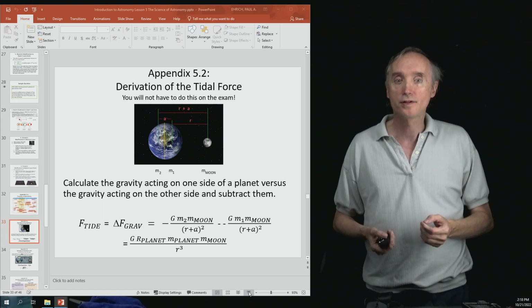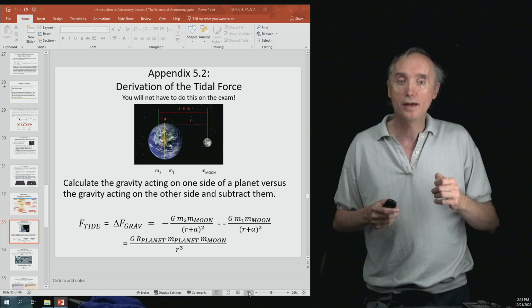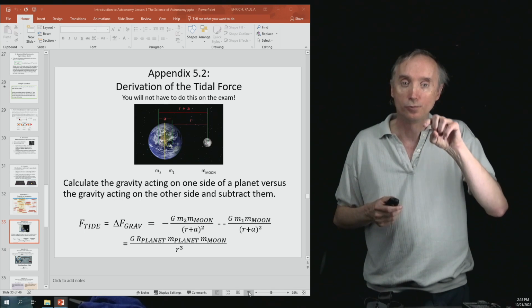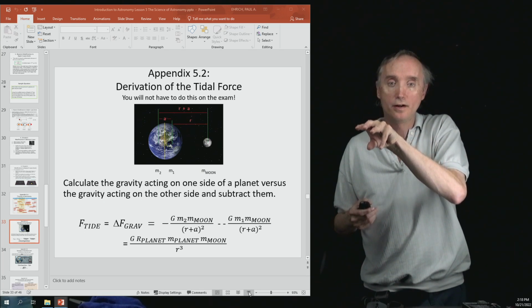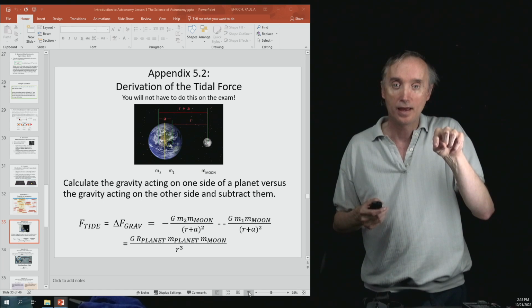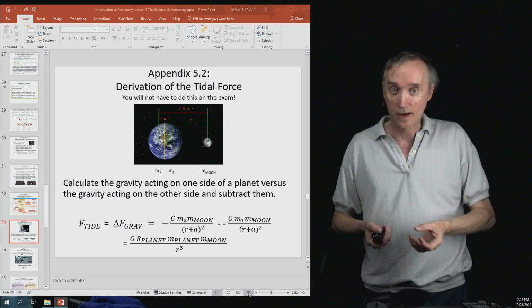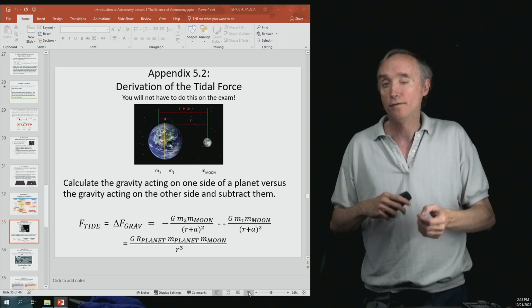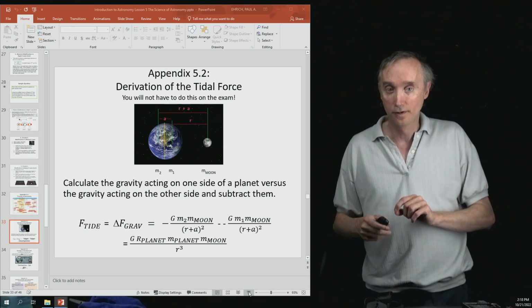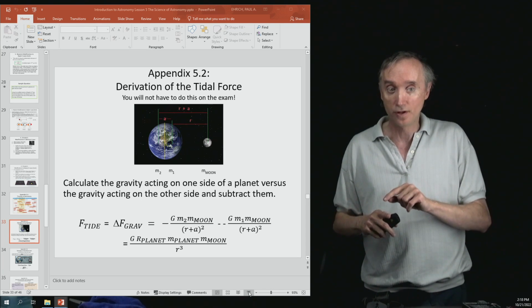And the way that we derive the tidal force is that we imagine that the moon is actually made up of, we're going to calculate the distance from one side of the Earth to the moon, and then we're going to calculate the amount of gravitational force that one side of the Earth feels, and then we're going to calculate the gravitational force that the other side of the Earth feels, and then we're going to subtract those two numbers.